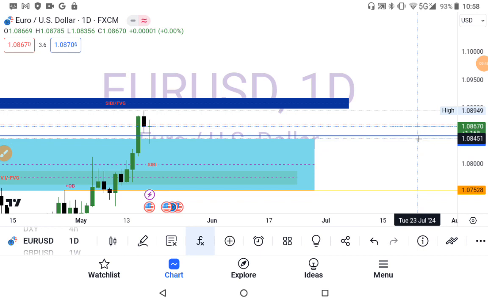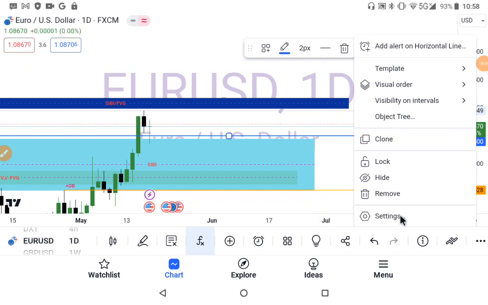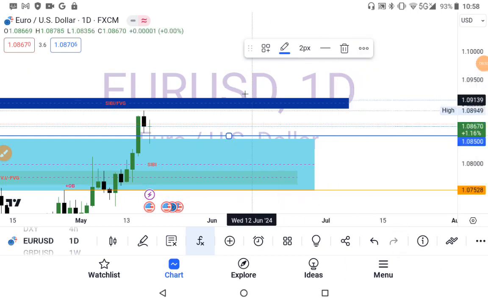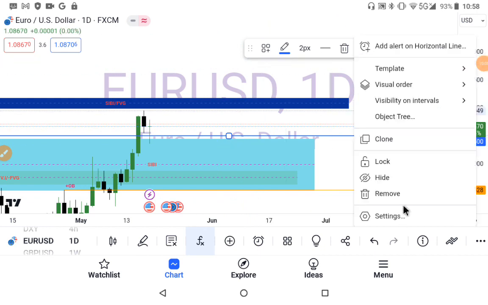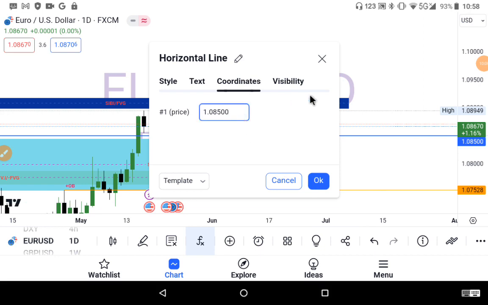So let me change this coordinate here to what I'm looking at. I'll be looking at 1.09000. 1.09000 is our low hanging fruit.